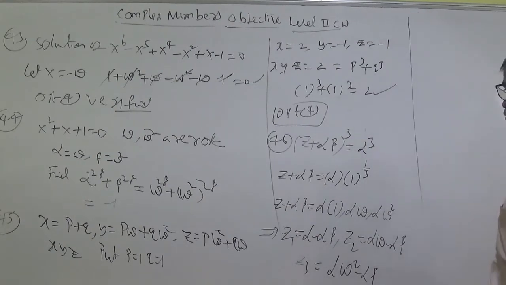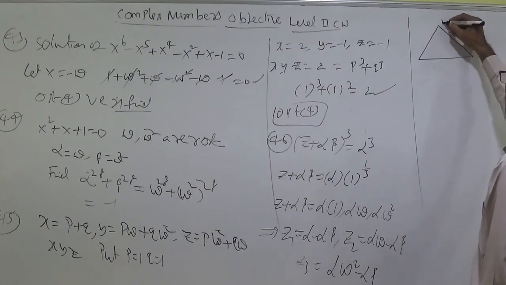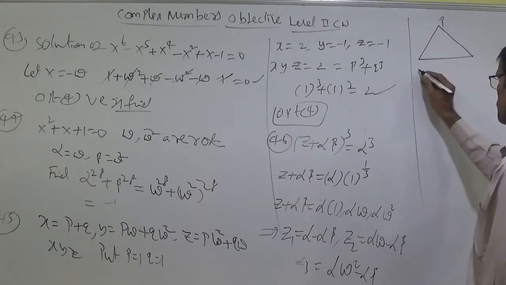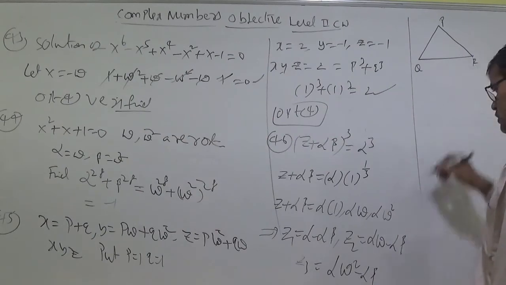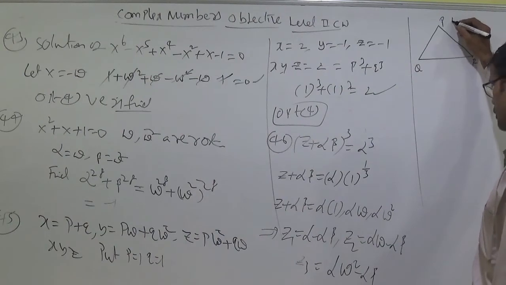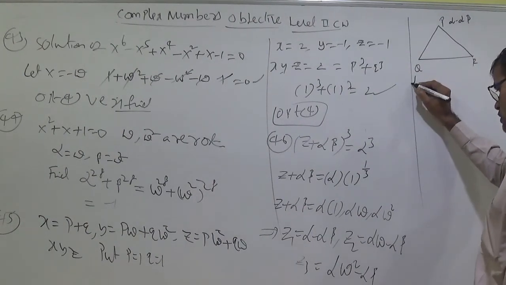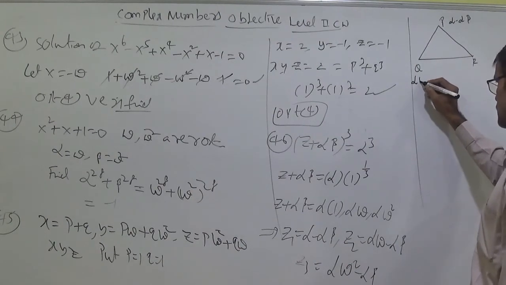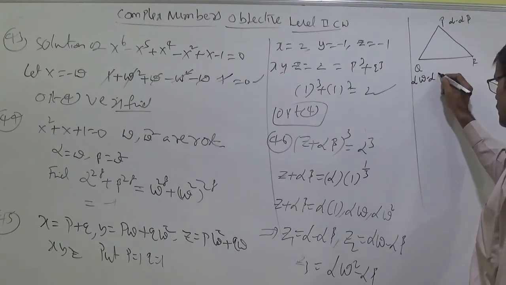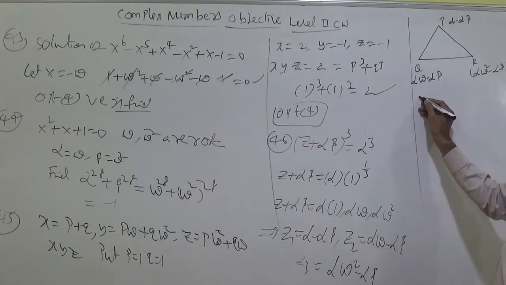Draw a triangle like this, P, Q, R. So P: alpha minus alpha beta. Next Q: alpha omega minus alpha beta. Next R: alpha omega square minus alpha beta.